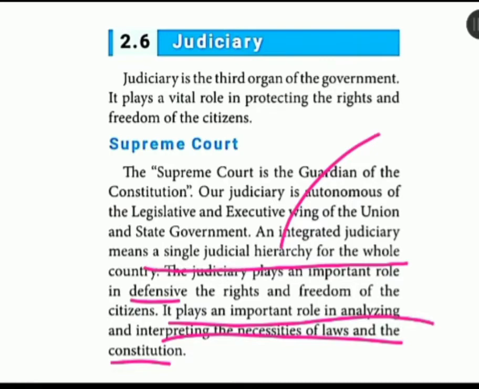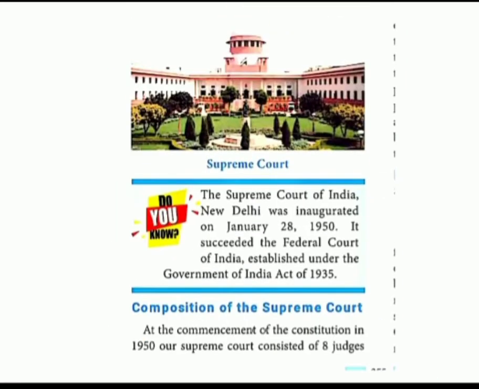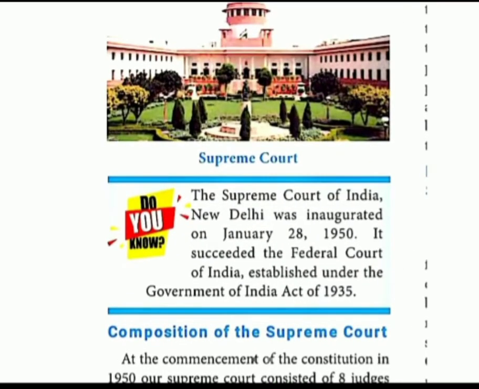The next, what is given in the do you know column? In the do you know column, the picture of the Supreme Court is given, you can check it, children. Moreover, the Supreme Court of India is located in New Delhi. It was inaugurated on January 28, 1950.